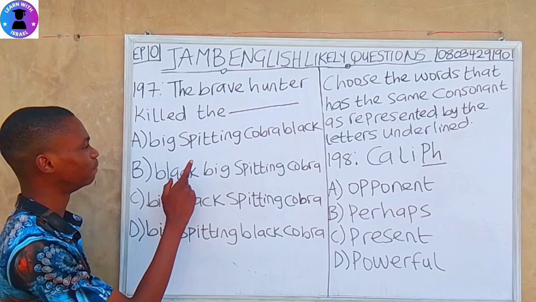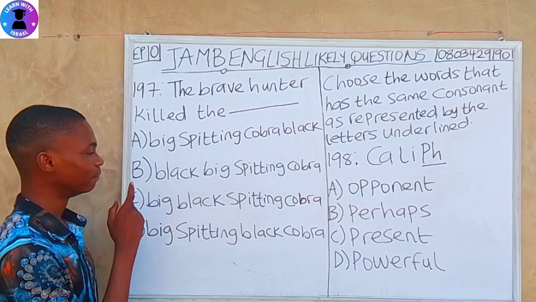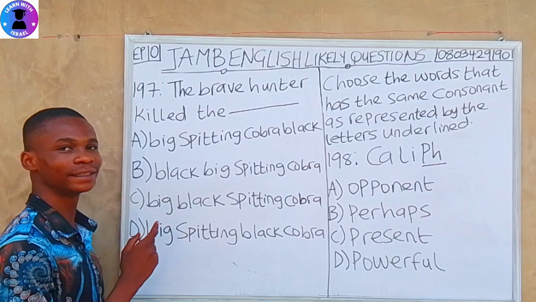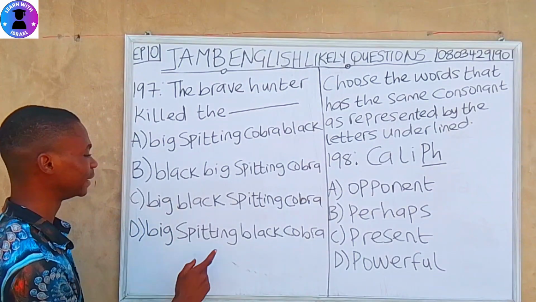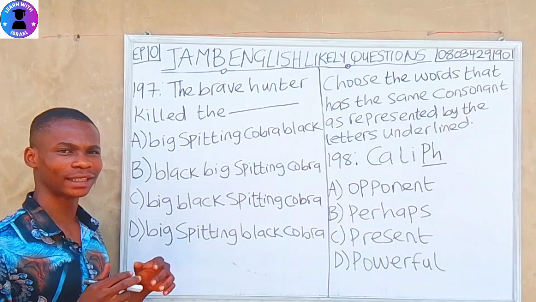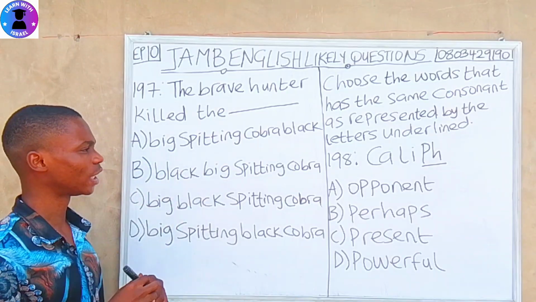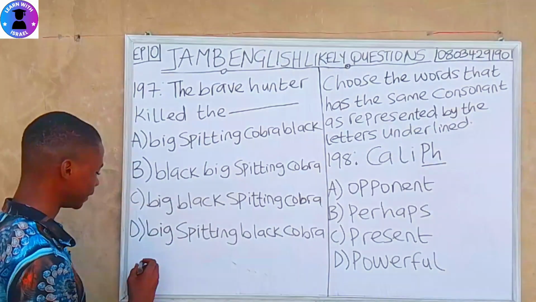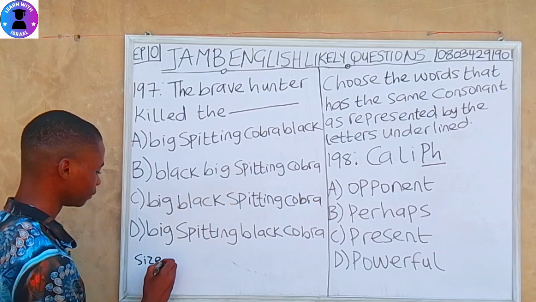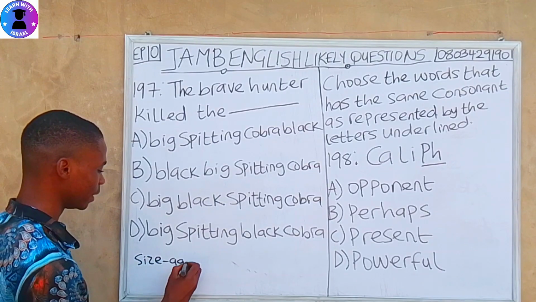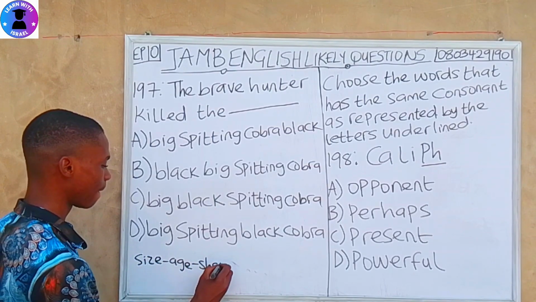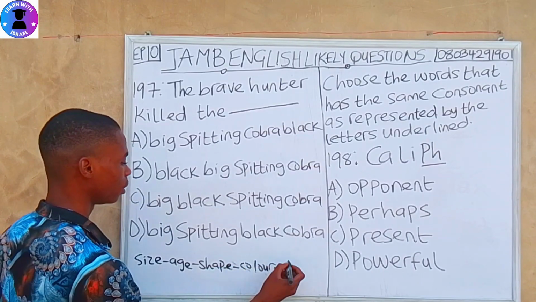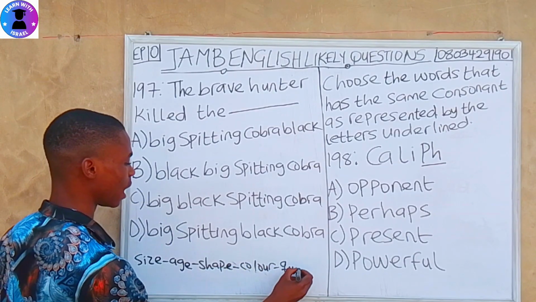A. Big spitting cobra black. B. Black big spitting cobra. C. Big black spitting cobra. D. Big spitting black cobra. You don't just answer this kind of question. You need to know the order of adjectives, so I'll be telling you again now. We have the size, we have shape, color, quantity, and quality.